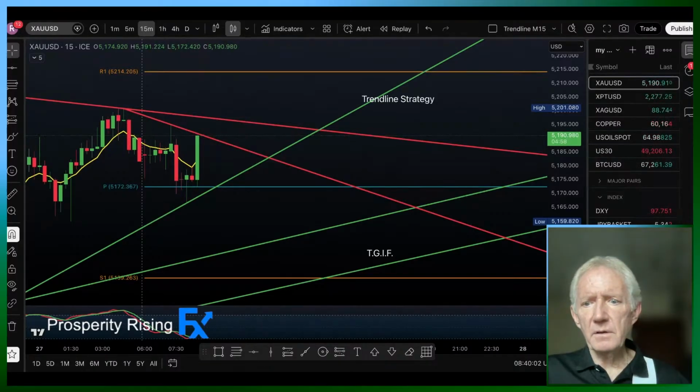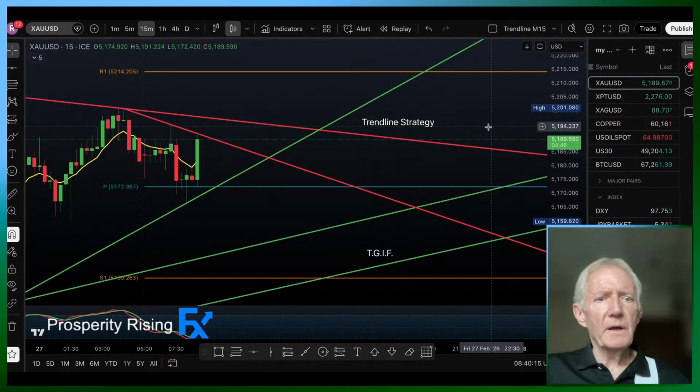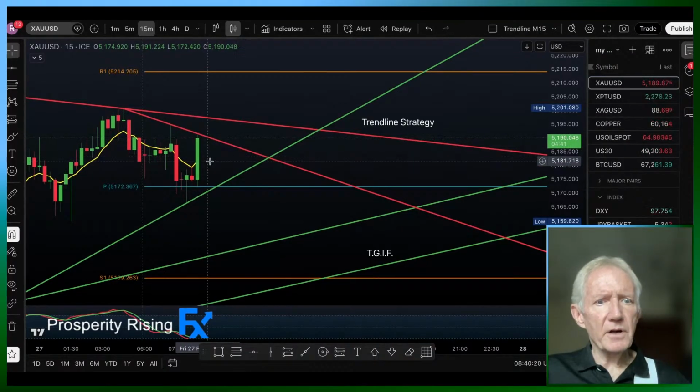I suspect that some of you are using a different strategy, and that's fine. This is my trend line strategy, and that's how I implement it. Break above and close above the red line, and I call that my action line.